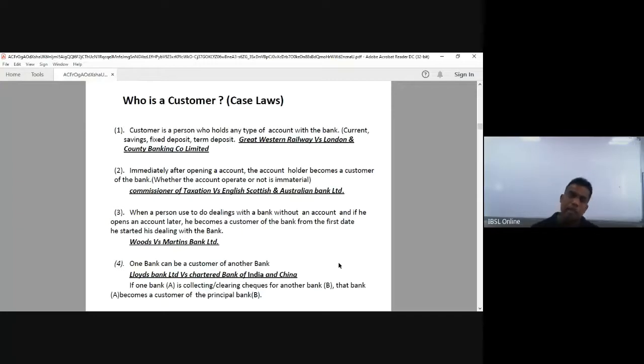So he asks for an application, and you give the application. The customer fills in the application and hands it over to the counter to open an account. He filled in the application and handed it over to the bank officer. Can we consider him a customer now? Still, he is not a customer because the account is not open yet.